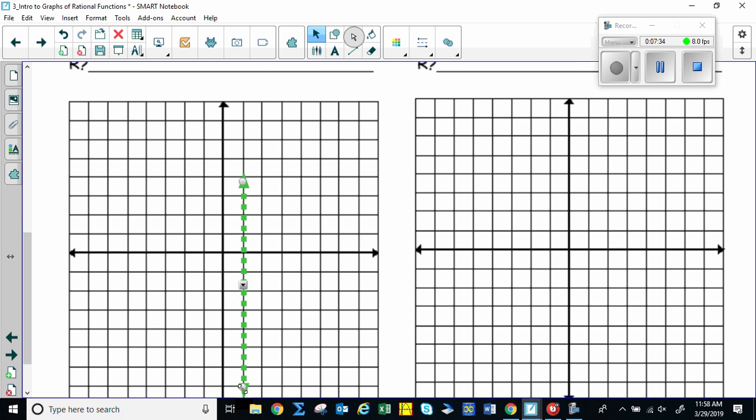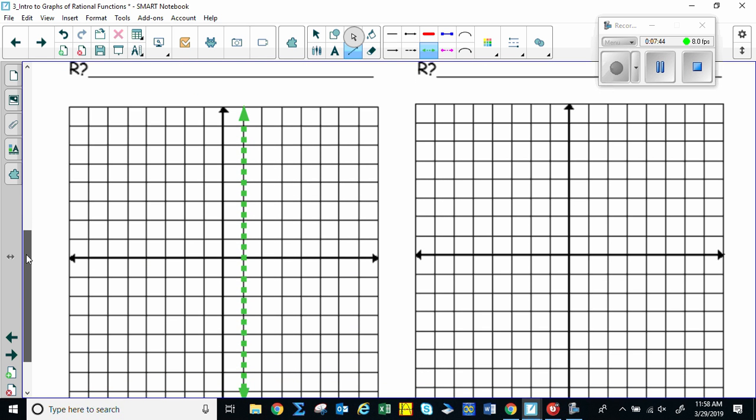There we go. My horizontal asymptote was y equals 0, and I'm going to move that up 3. 1, 2, 3. There we go. So those are my new asymptotes. I moved everything, every point, including the asymptotes, to the right 1 and up 3.